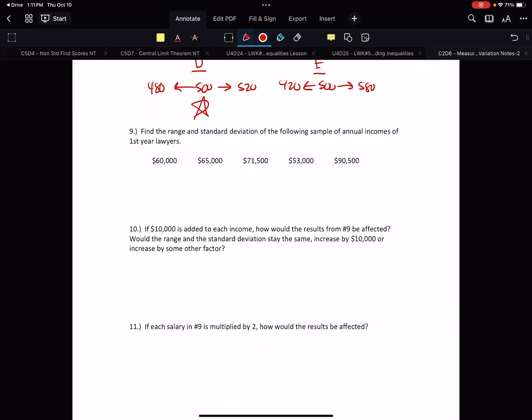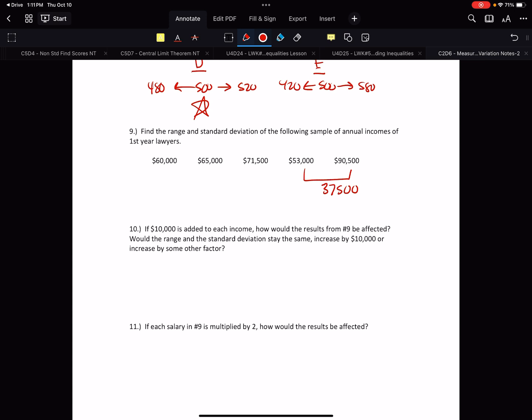Now with our example here, right, without even using the calculator, if I add 10,000 to all these numbers, right? So if I look at my range for a moment, 9,500 minus 53,000. So the range here from the highest to the lowest is 37,500.